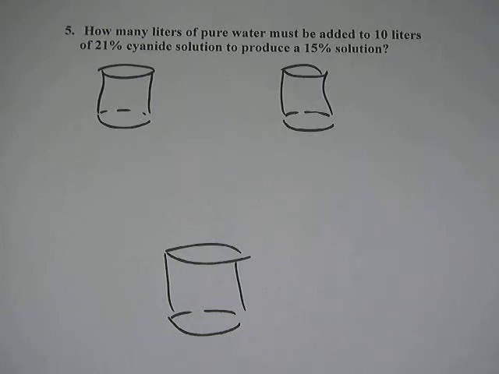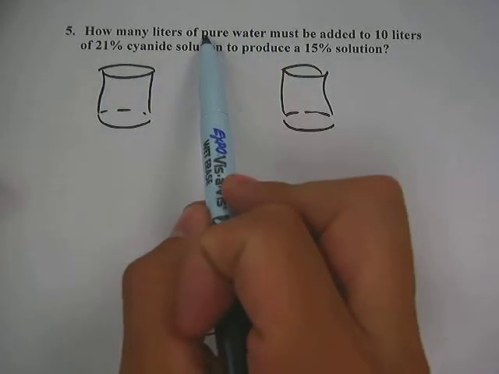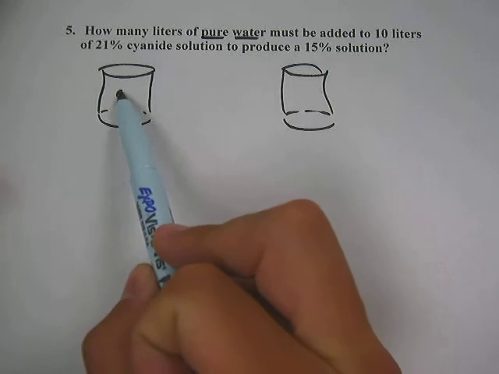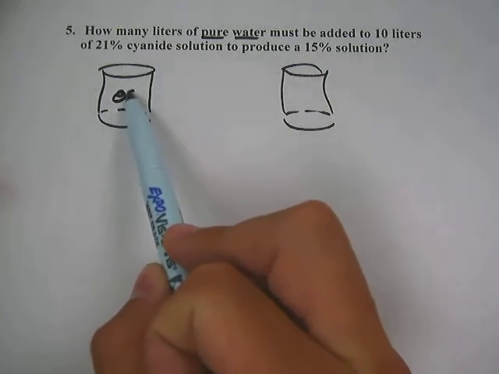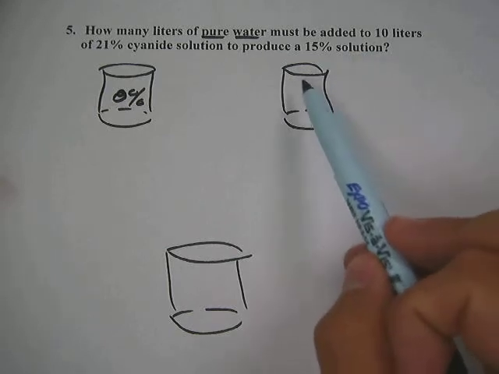Now over here it says how many liters of pure water. When we are talking about a 15% solution or 20% solution, remember that percentage stood for how much stuff you had that wasn't water. So 15% solution means 15% bad stuff, the rest was water. So if I have a solution here that is pure water, that means nothing else besides water.